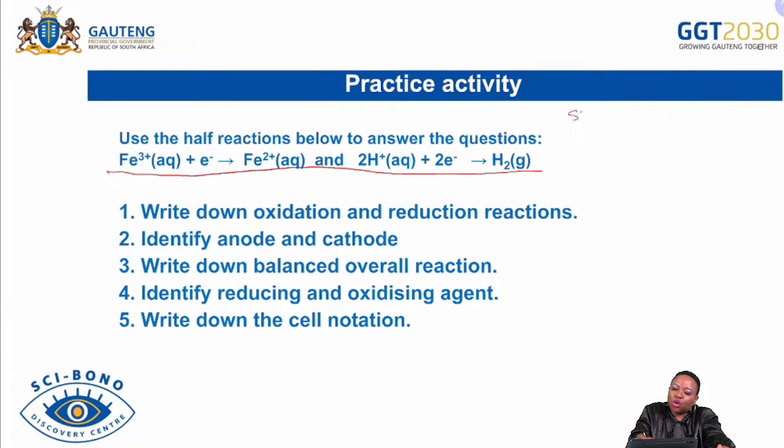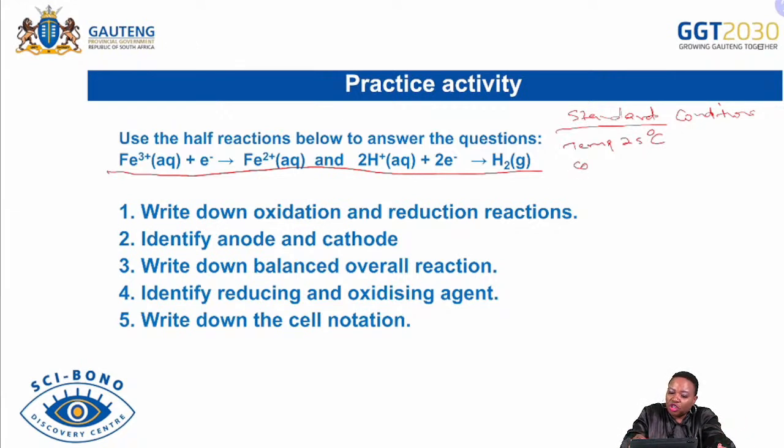And the reason it is called standard reduction potential is because it is obtained under standard conditions. The standard conditions will be explained, but you must know that these cell potentials were determined using a temperature of 25 degrees Celsius, which was constant for every half cell that was discovered.